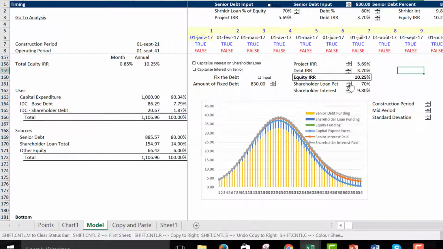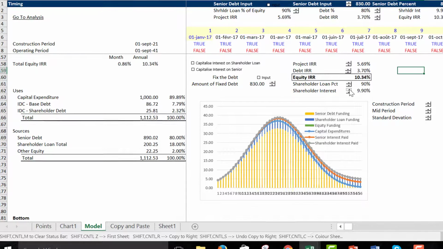Now, so let's keep going up. Okay, so right now I didn't capitalize the interest. Let's capitalize the interest on the shareholder loan. It doesn't make much of a difference, but a tiny bit. It helps this time to capitalize the interest. Now I made the shareholder loan 100%. And let's put the interest rate up.